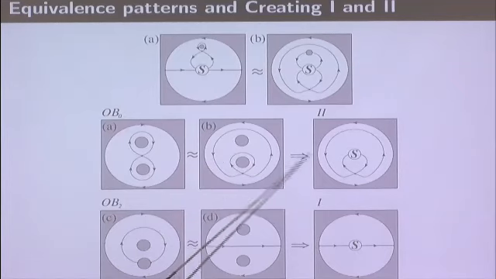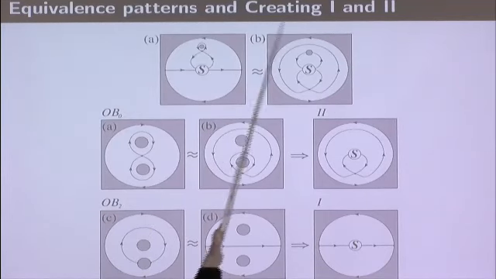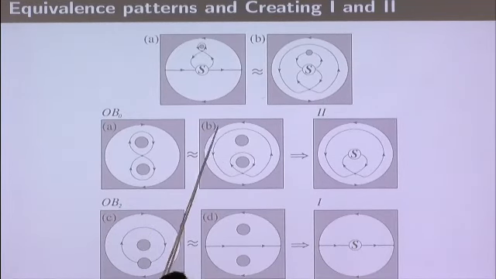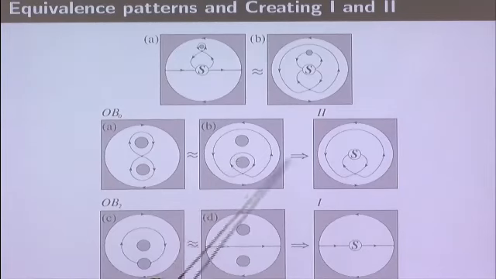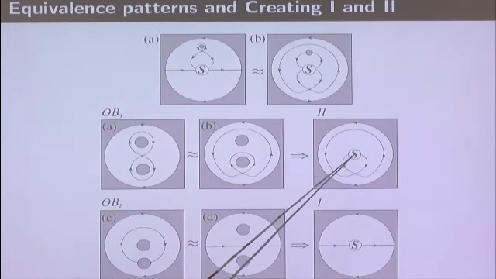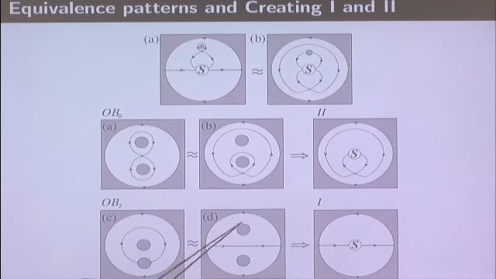This process is creating 1 and 2. And if we collapse the two centers, it becomes one source-sink. So two centers collapse to the one source-sink.